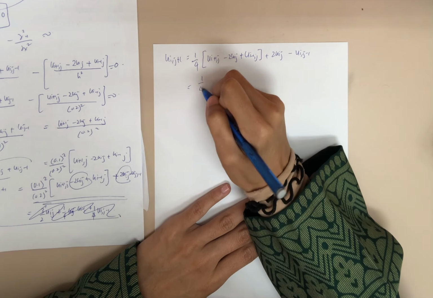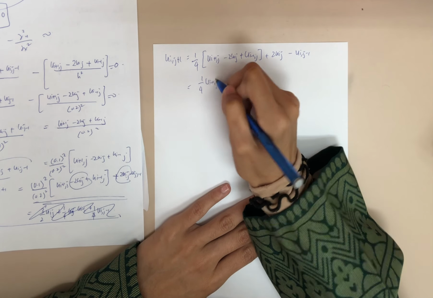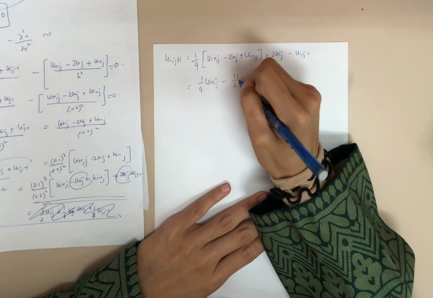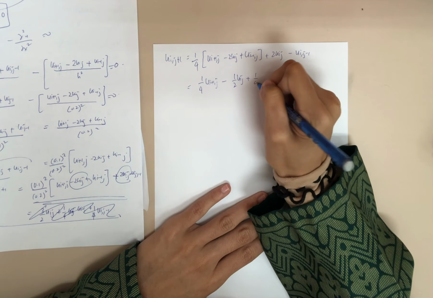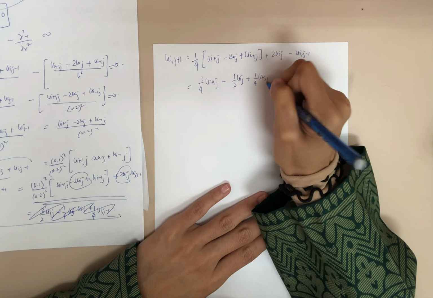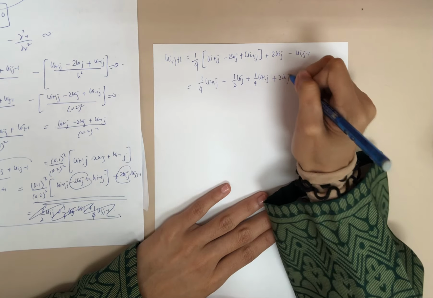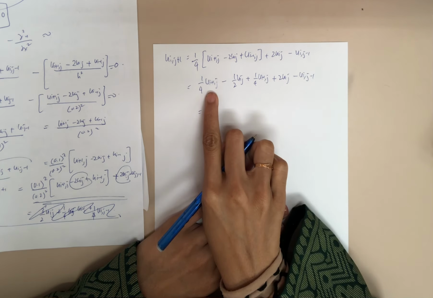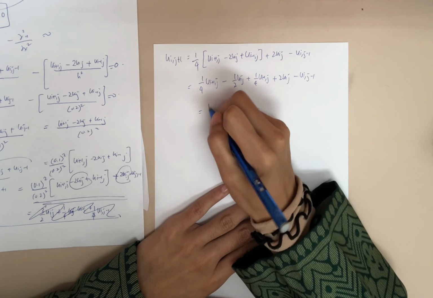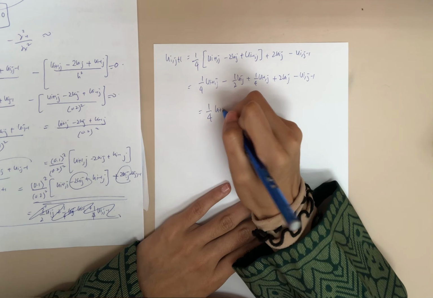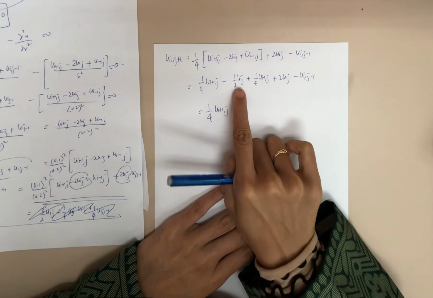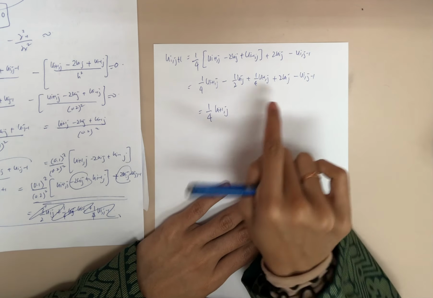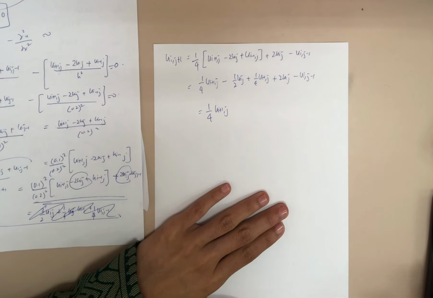Open the bracket: 1 over 4 u_{i+1,j} minus 1 over 2 u_{i,j} plus 1 over 4 u_{i-1,j} plus 2u_{i,j} minus u_{i,j-1}. For u_{i+1,j}, there is just 1 term. And then u_{i,j} and u_{i,j}: 2 minus half is equal to 3 over 2.